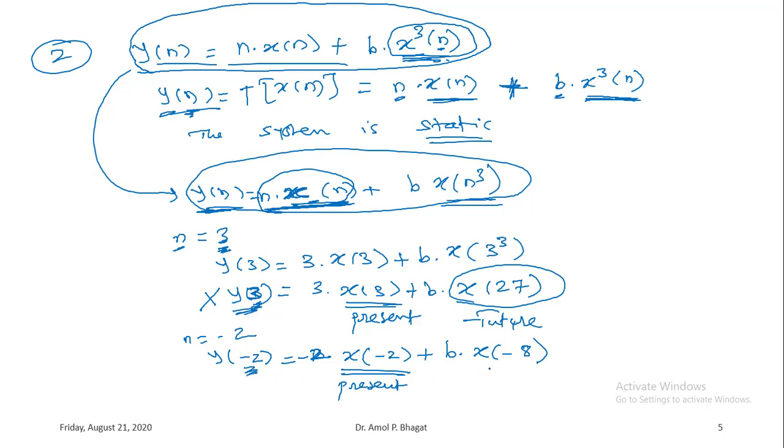But this one is a past input sample, because it is a negative value, right? So again, the output depends here on the present and past input samples. So overall the system is dynamic in this case. So this is how you identify static and dynamic systems.